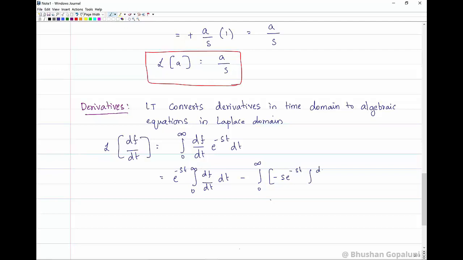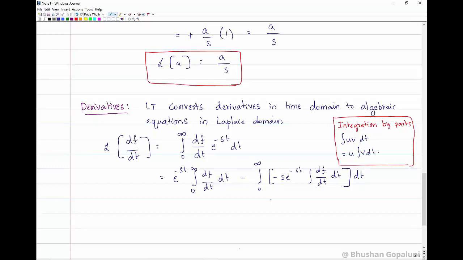It turns out that the Laplace transform of the derivative df over dt is simply equal to s times capital F of s minus small f of 0. And in the process of deriving this expression, I've used integration by parts, where integral of product of two functions u and v can be expanded as shown here.